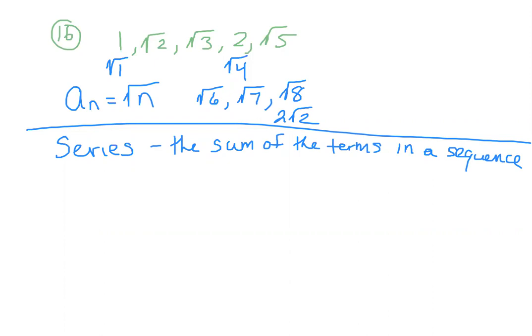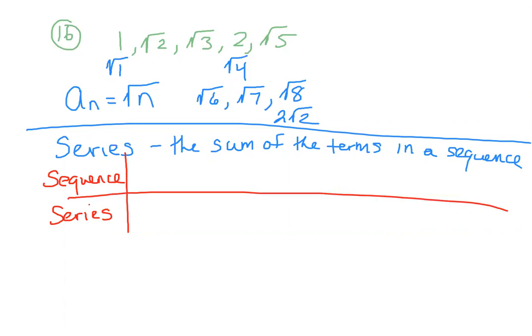So let's look at some examples. A sum is adding them up. We got a sequence and we got series. So if our sequence is 1, 2, 3, 4, our series is 1 plus 2 is 3, plus 3 is 6, plus 4 is 10. It's 10.